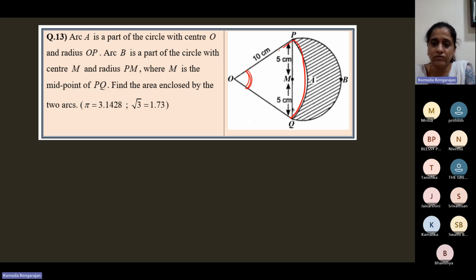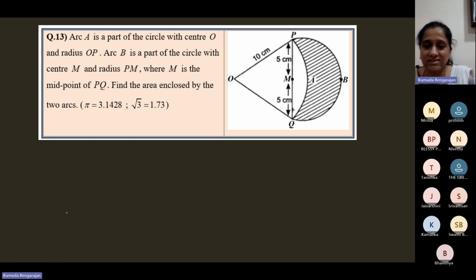Then the area of the sector minus the area of the triangle will give you the area of the segment. Now, the area of this region minus the area of the segment will be the area of the shaded region.